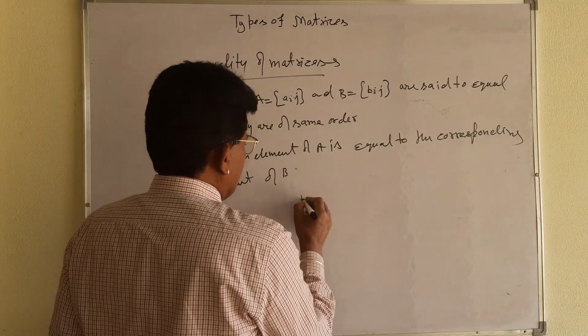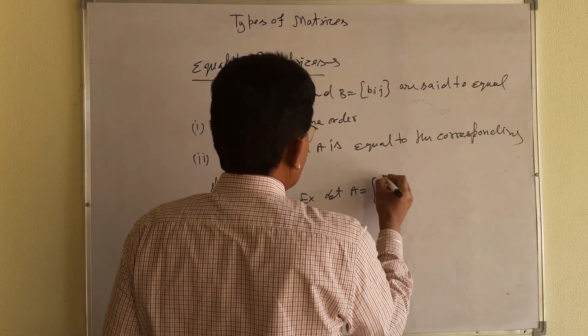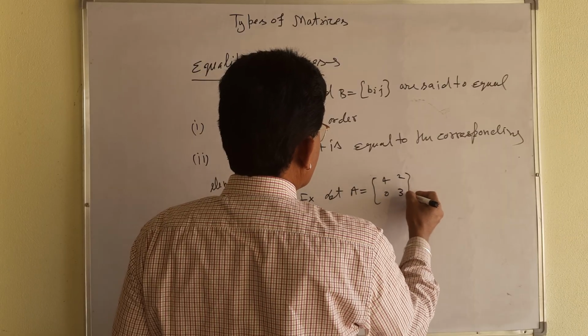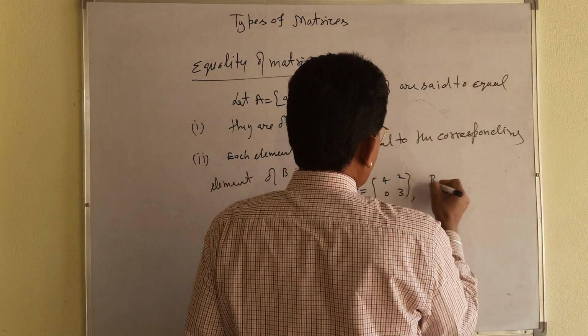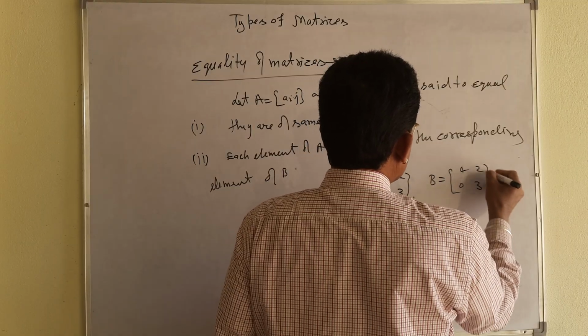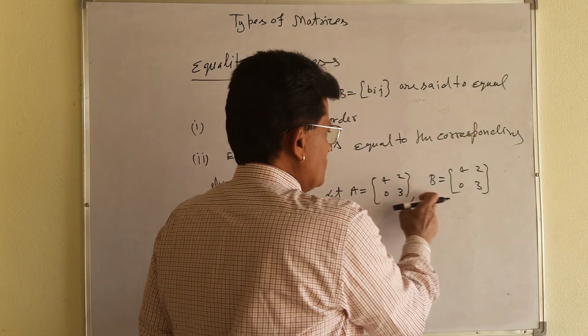Okay, let me take one example. Suppose I am taking A as 4 2 0 3. Second matrix B is 4 2 0 3. These two matrices are equal because order is same, 2 by 2.